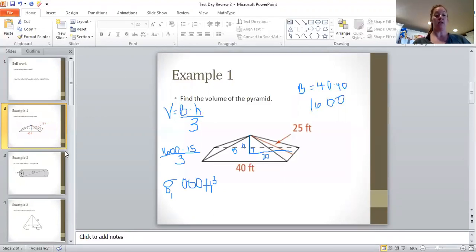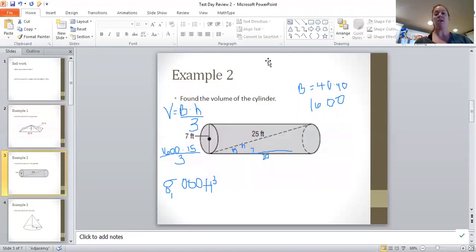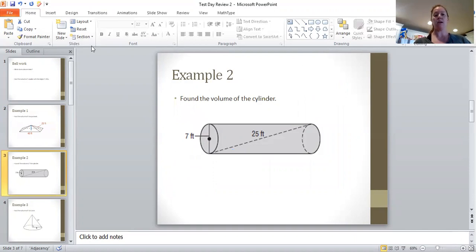There we go. We have a cylinder. And when we are looking at the cylinder, again, our volume is going to be big B, the area of the base, times the height, right? If it's a cylinder, the area of the base is going to be pi r squared, right?